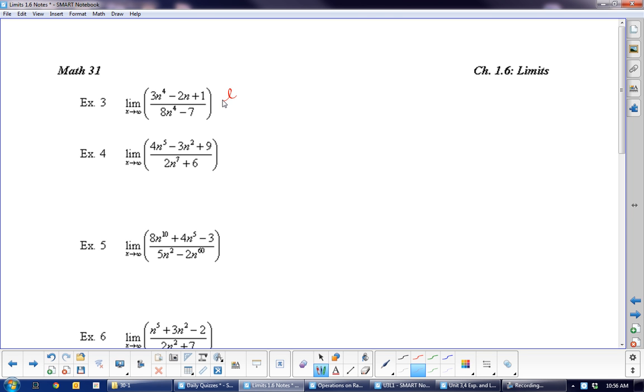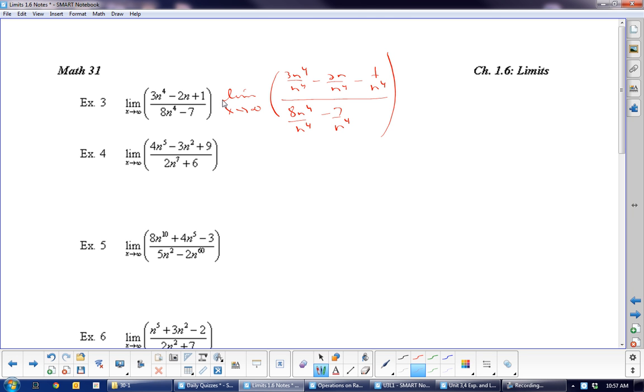So your limit as x goes to infinity, so it's 3n over n to the 4, minus 2n over n to the 4, plus 1 over n to the 4, all over 8 n to the 4 over n to the 4, minus 7 over n to the 4.